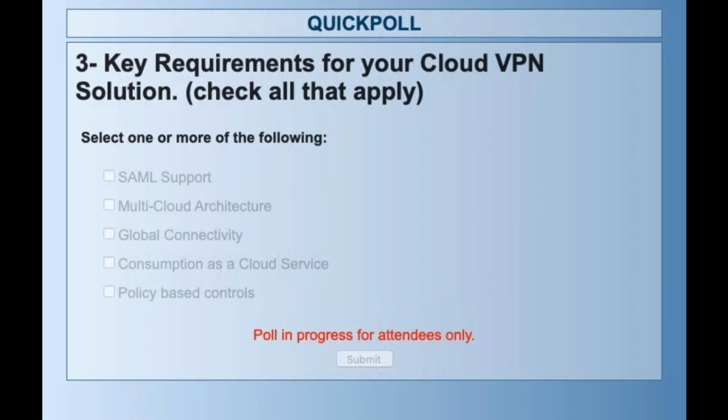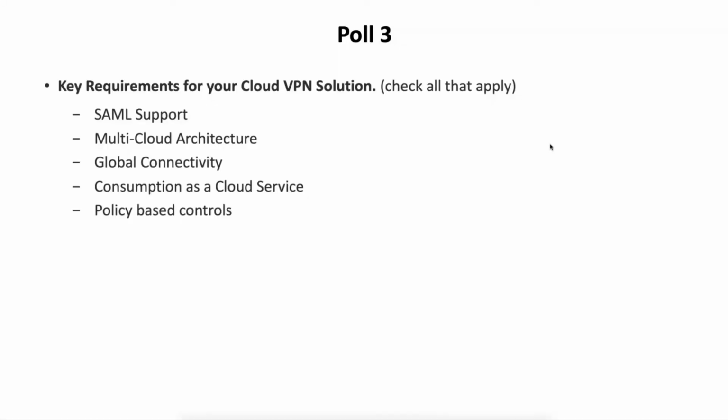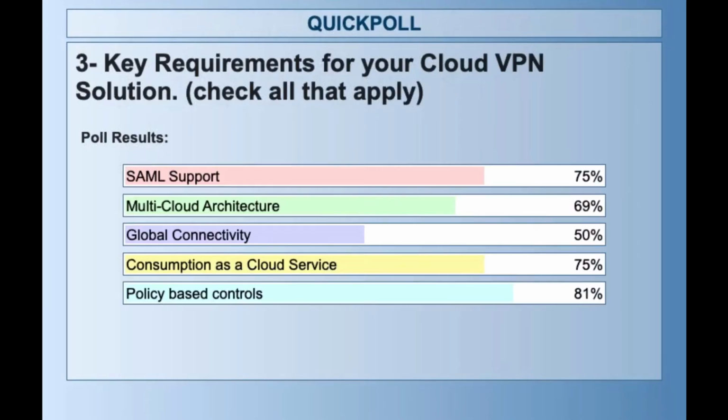And let's see what everybody's answers were. Okay, so the policy-based controls. Yes, this is a very powerful part of the solution that lots of customers really need because this is really leveraging the core capabilities of Aviatrix.